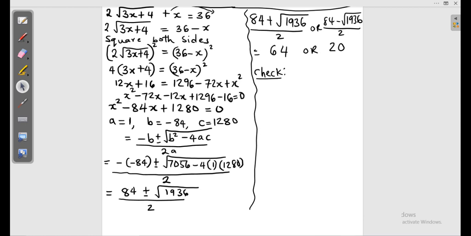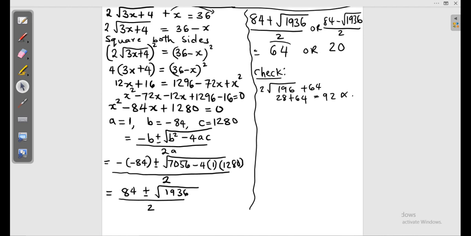So if I use 64, I'll have 2 roots. 3 times 64 is 192. 192 plus 4 is 196, plus 64. And the square root of 196 is 14. 2 times 14 is 28, plus 64, which is 92, which is not correct.